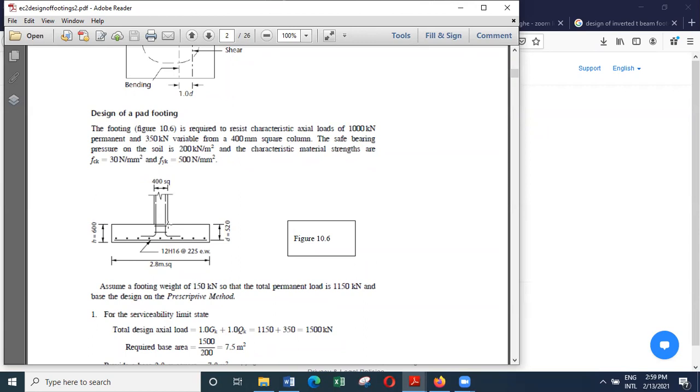But the important thing is beyond this phase, this reinforcement should be properly anchored. In addition, when you are getting these vertical bars, you have to bend them and place them in such a way that they rest on the bottom mat. So those are the important things about pad footing.